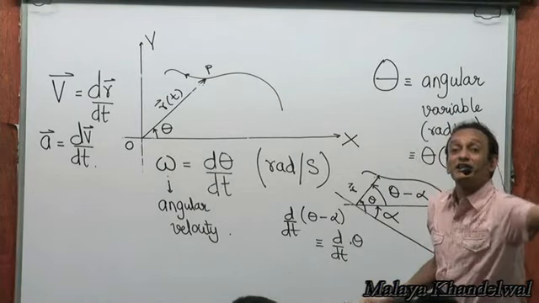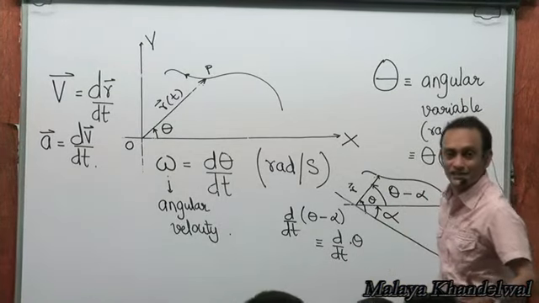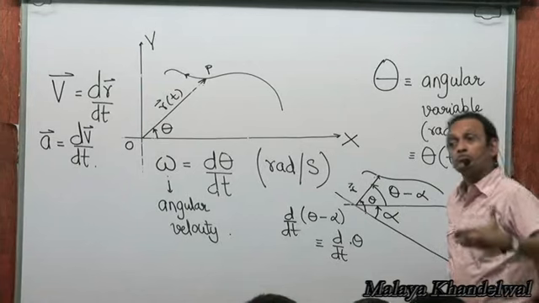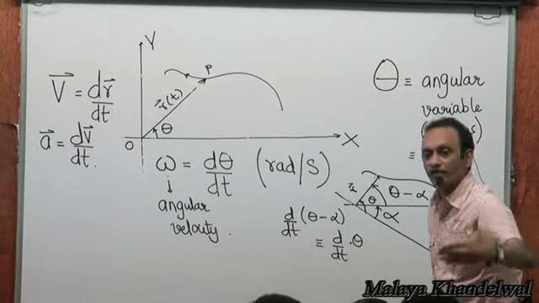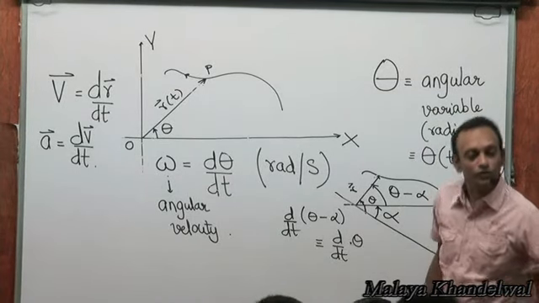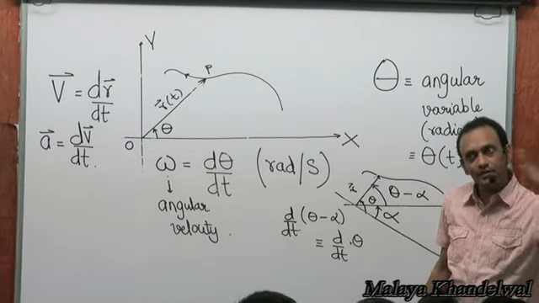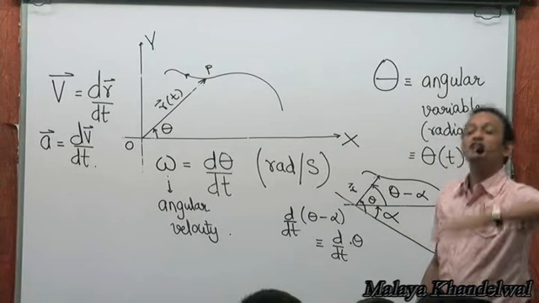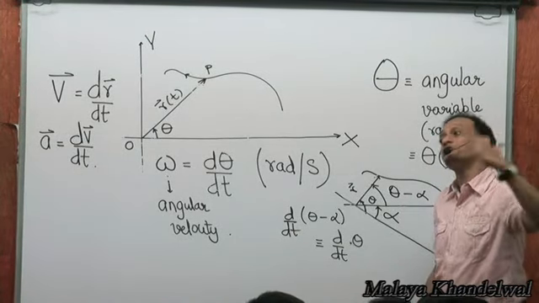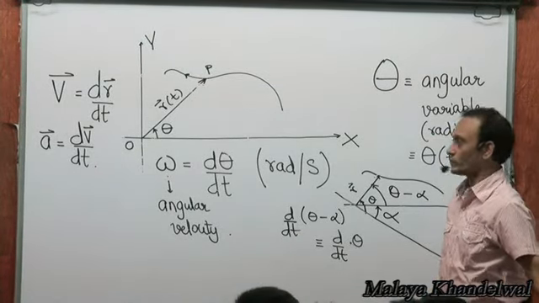So it does not matter what your choice of reference line is. But stay loyal to that choice of reference line for a given situation. You can measure your angular variable with respect to any line or any direction which is convenient.